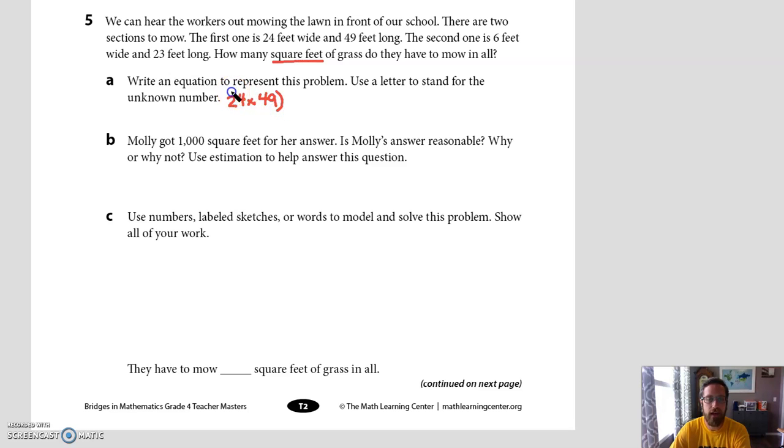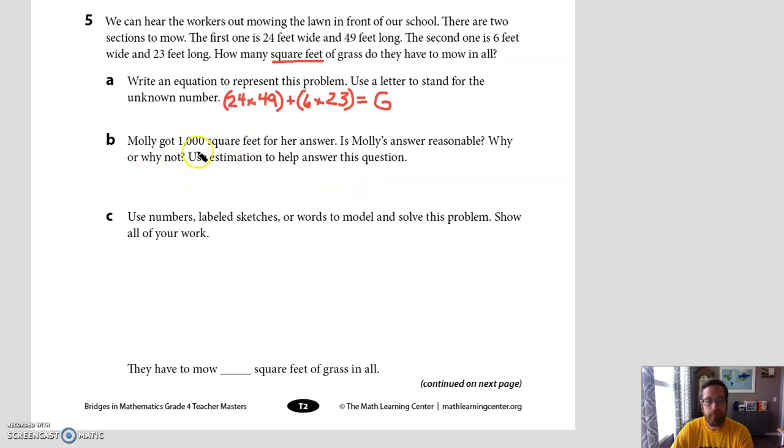I'm going to put that in parentheses because I need to add that to the other area of 6 by 23. And I'll put that in parentheses. And that's going to equal, I'll just put G for how much grass they need to mow.